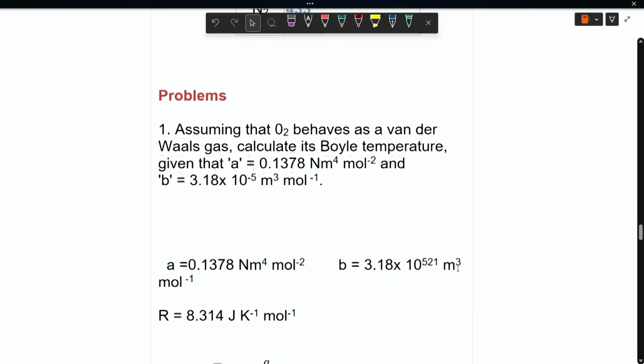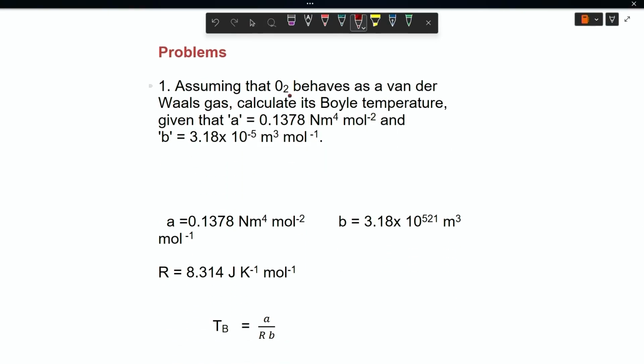Now, let us go for the problems. Assuming that oxygen behaves as a van der Waals gas, calculate the Boyle temperature given that A is equal to 0.1378 newtons meter raised to 4 mole raised to minus 2, and B is equal to 3.18 into 10 to the power minus 5 meter cube mole raised to minus 1.